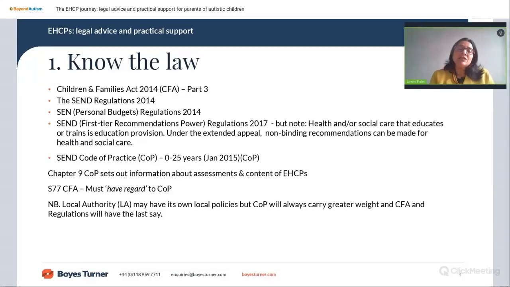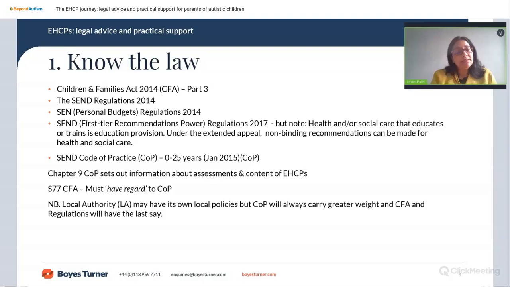There's also the SEND Code of Practice, which is probably a very good starting point for many parents, practitioners and schools. It is guidance only, so be mindful of that, but it's a far more readable format than the actual law itself.